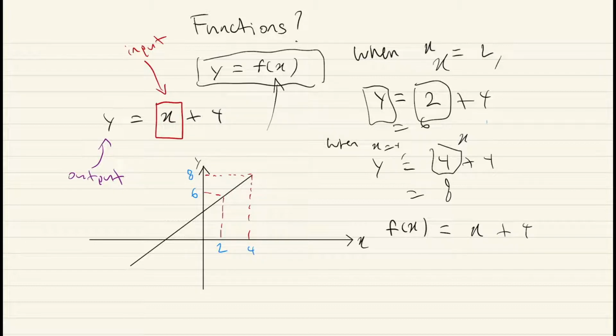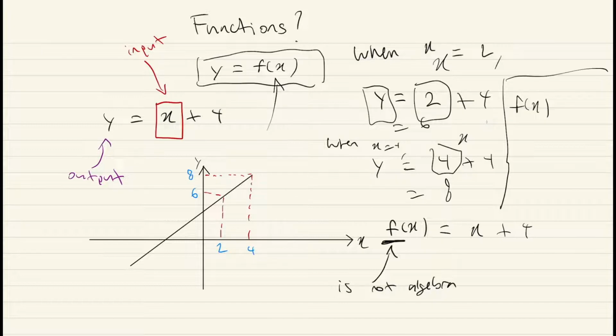And just a note, this f here is not algebra. So you can't take f of x, let's put this at the side, you can't take f of x, cancel the x, and then just make it like this. No such thing. This is impossible.